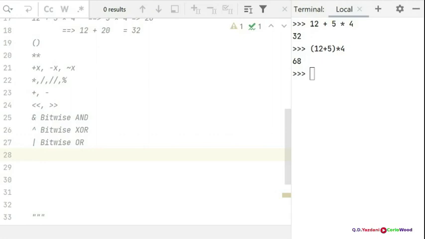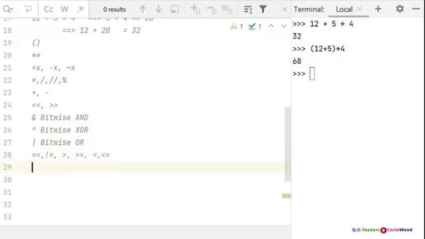And then we're going to come to comparisons. As I said to you guys before, we use comparison: equal, not equal to, greater than, greater than or equal to, less than, and less than or equal to.